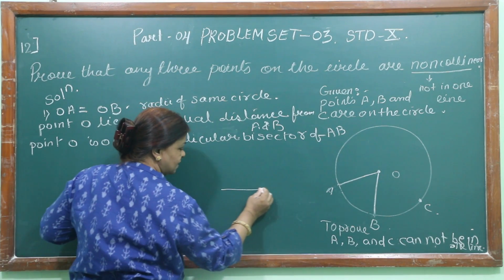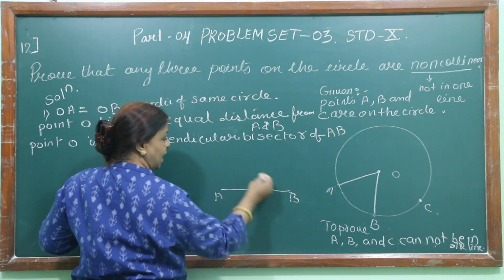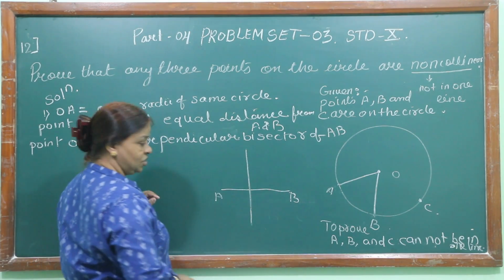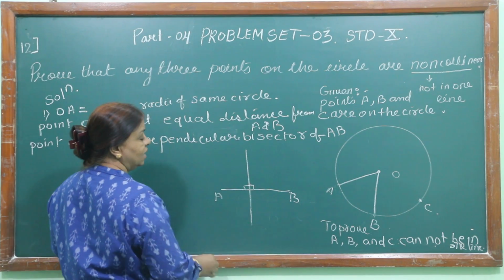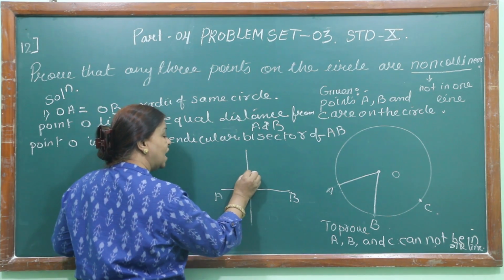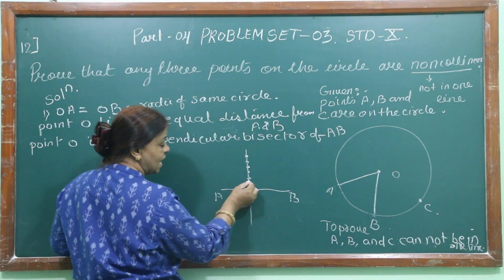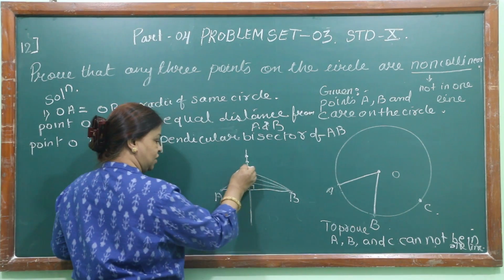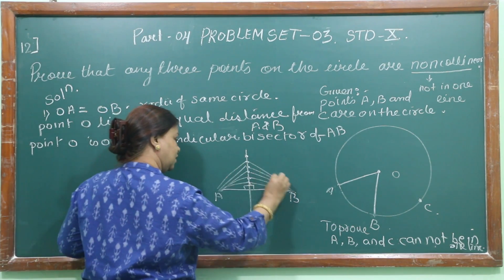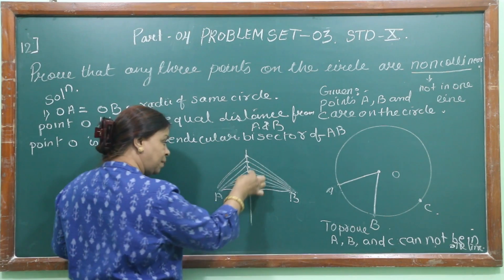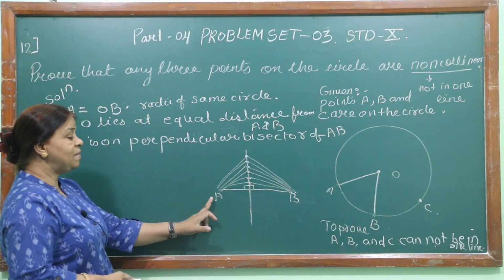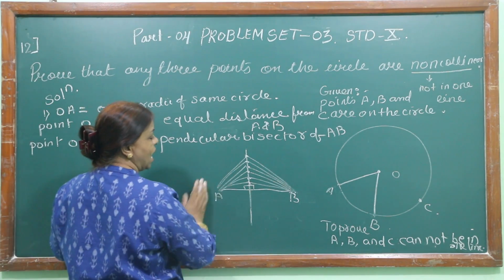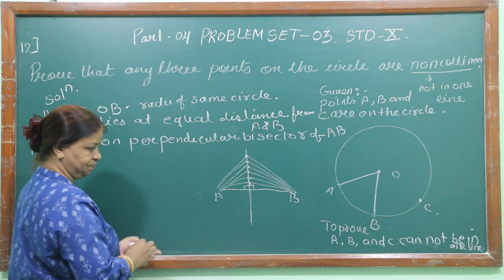See, if this is the line, for example AB, and I draw a line which is perpendicular to it, as you have learned in construction, if this is 90 degree, every point on this line will be at equal distance from A and from B. Every point, children. The point which is lying on the perpendicular bisector will only be at equal distance from A and B. That shows that point O lies on perpendicular bisector of AB.